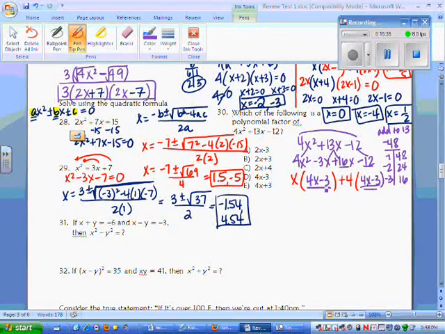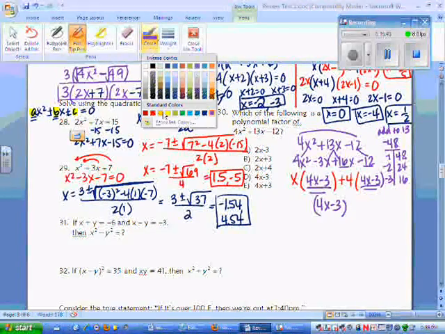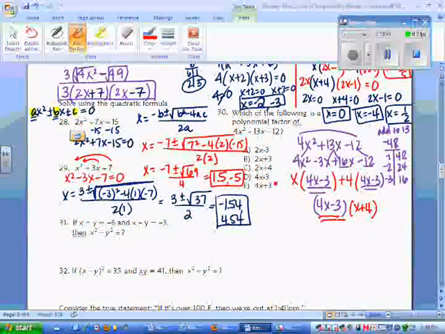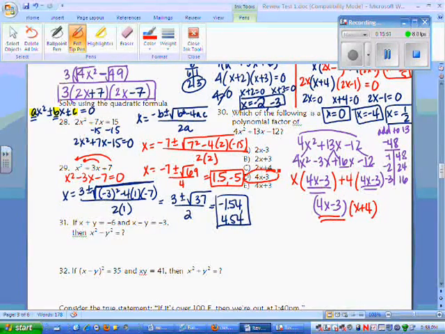Remember, these have to match. So I have a 4x minus 3 is one of the factors, and then x plus 4. So which one is a factor? 4x minus 3. The answer is D.